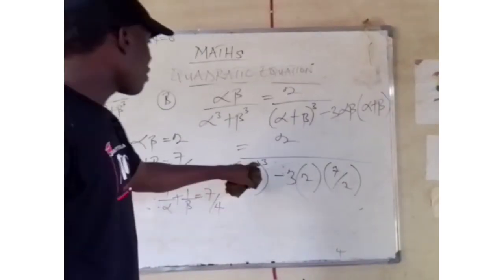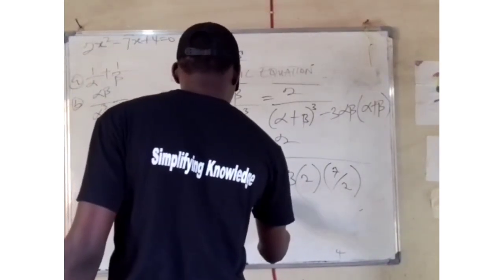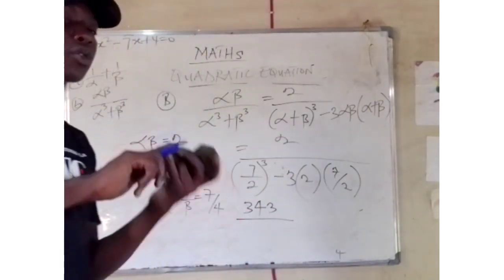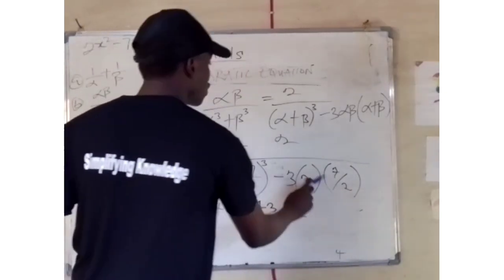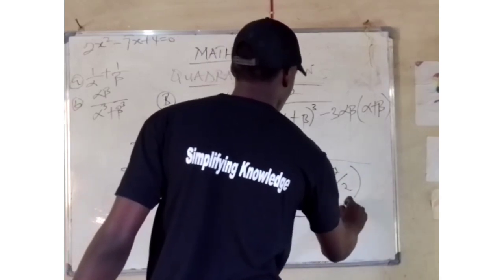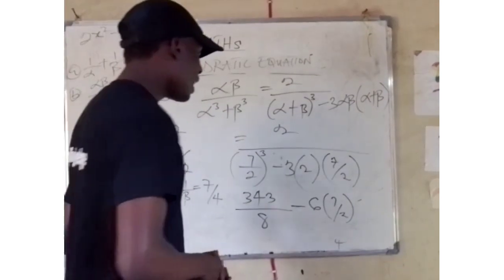So 7 raised to the power of 3 is 343 over what? 2 raised to the power of 3 is 2 times 2, 4 times 2, 8. Minus 3 times 2 is 6, all multiplied by 7 over 2. Isn't it? Now, let's solve this further.